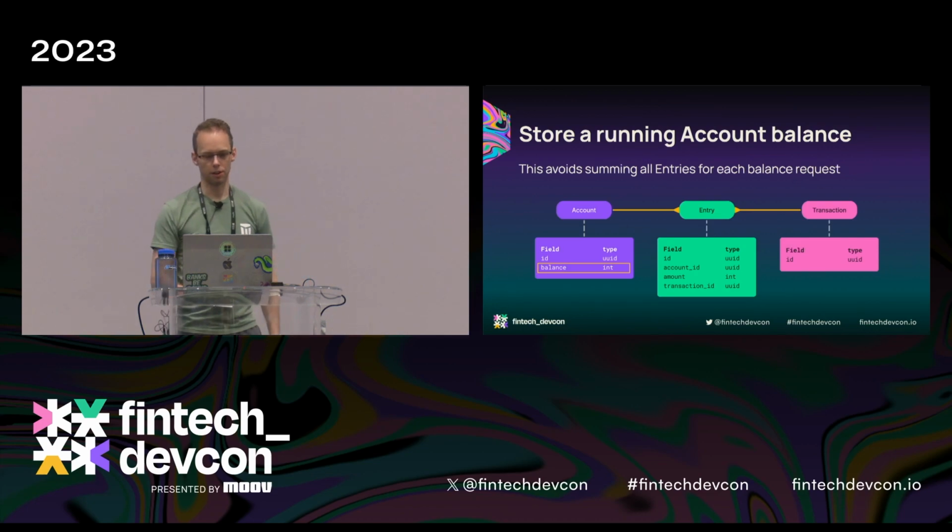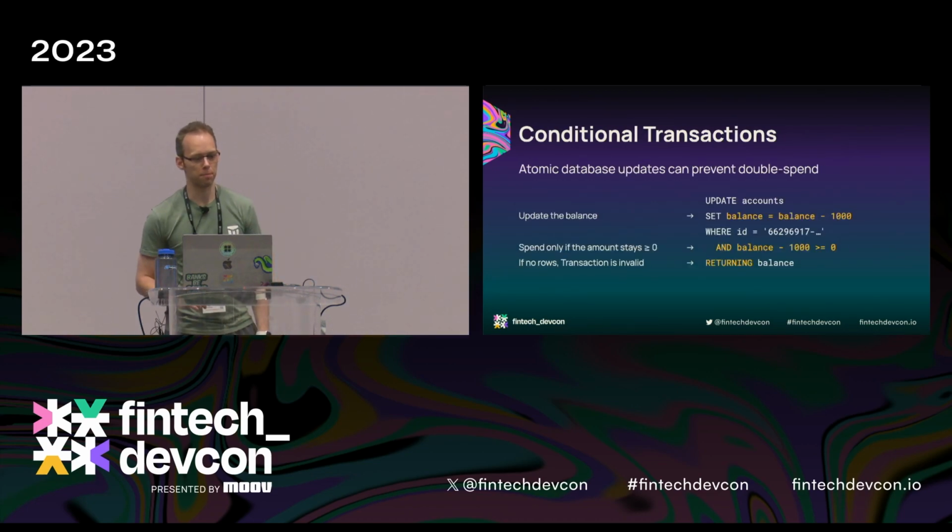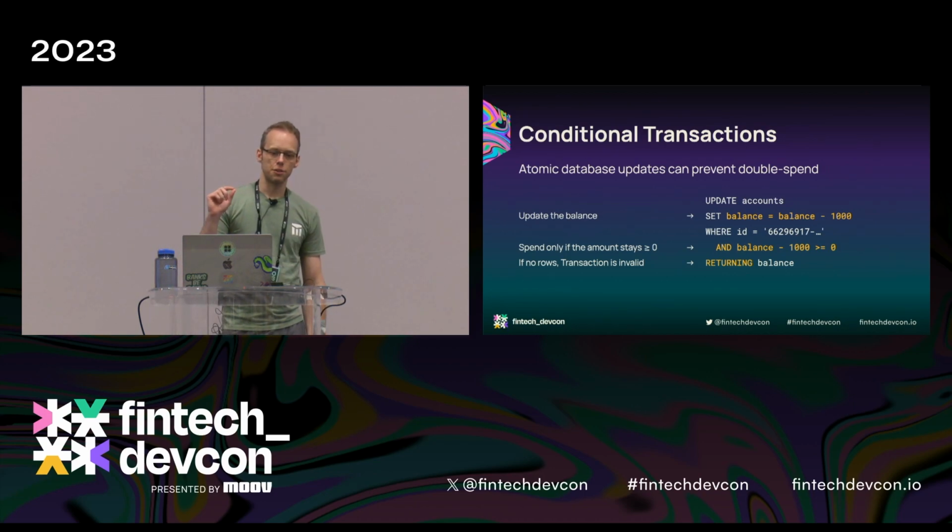As I've mentioned earlier in the talk, this is going to give rise to a little bit of a problem. But it also allows us to set up a very simple conditional transaction SQL. And this is going to give us that third requirement we had talked about where users can't spend more money than they have, because we're going to update the balances.